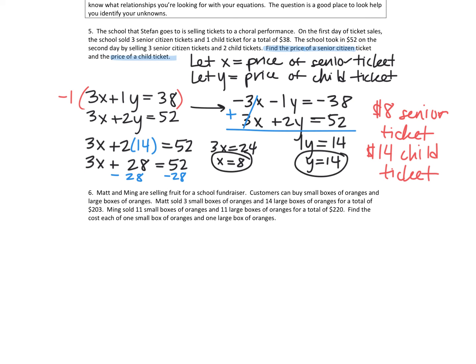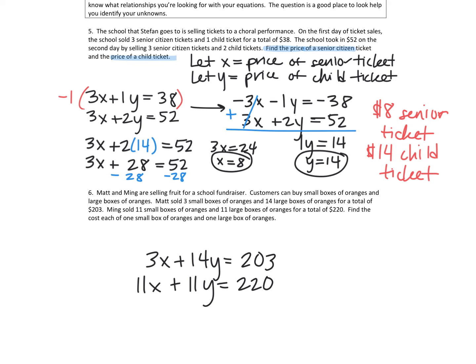Lucas, what do you have for your first equation? 3x plus 4y equals 2 over 3. That's bad. Okay, and then my second equation. Caleb, what's my second equation? 11x plus 11y equals 220.